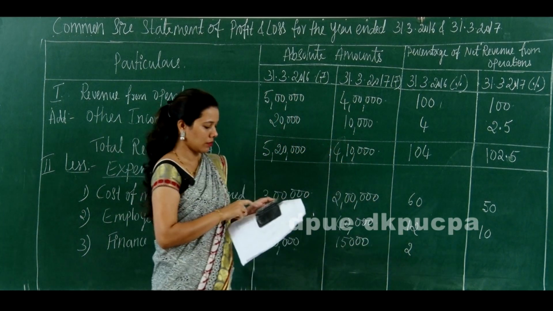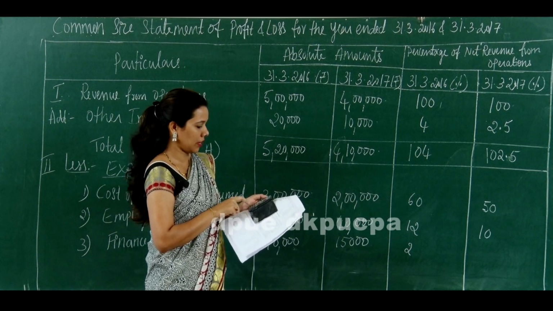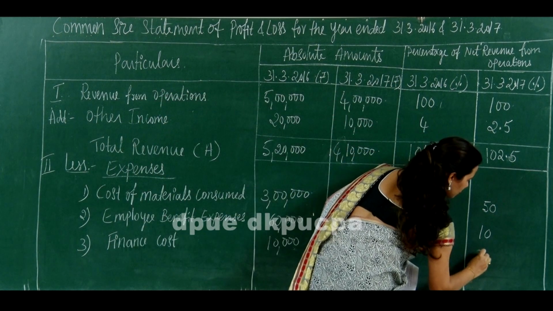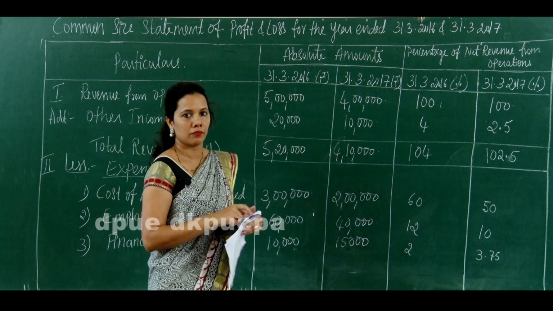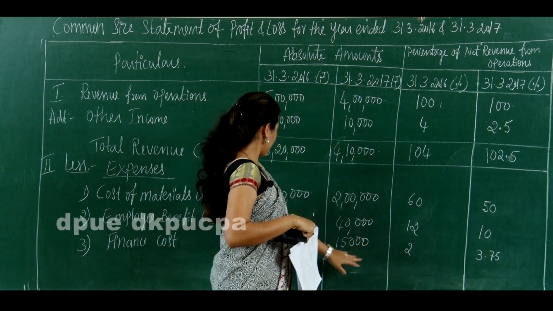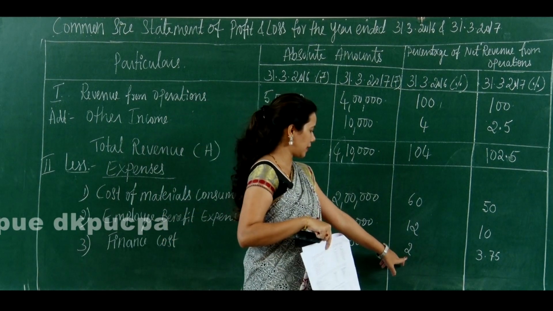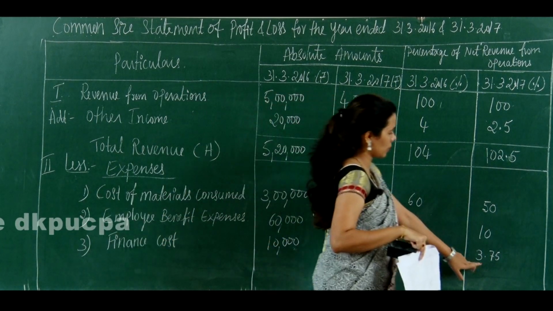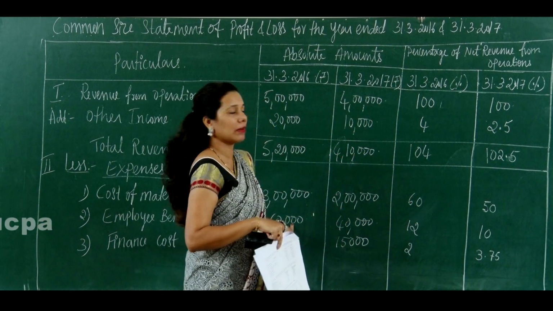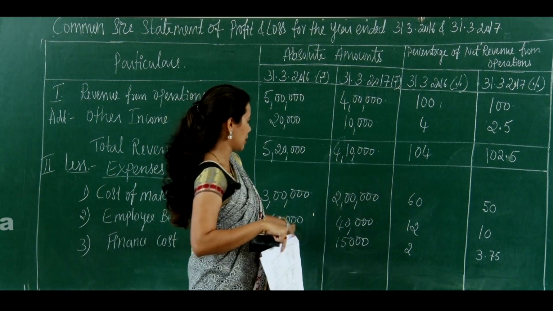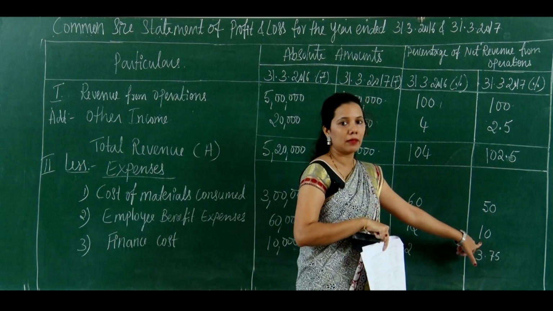Similarly, 15,000 divided by 4 lakhs into 100, 3.75%. So, you can also analyze the performance. Finance cost last year was 10,000, that means 2%, and this year it has increased to 3.75%. If you consider employee benefit expenses, last year it was 12% and this year it is reduced to 10%.